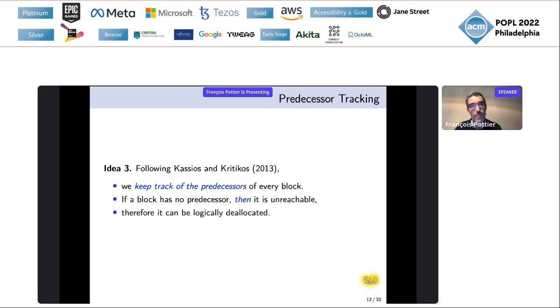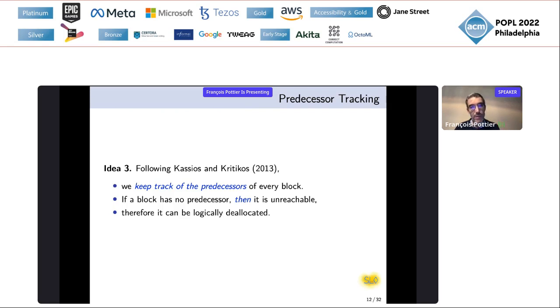We follow a paper by Cassios and Kritikos, where they introduce a new kind of assertion, a pointed-by assertion, that lets you keep track of the predecessors of every block. So for every block, you want to know which other blocks point to it. What are its predecessors in the heap?